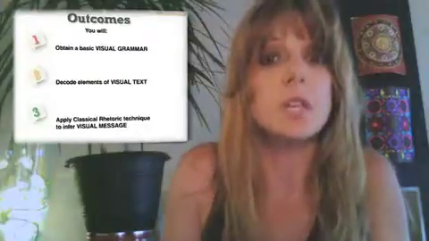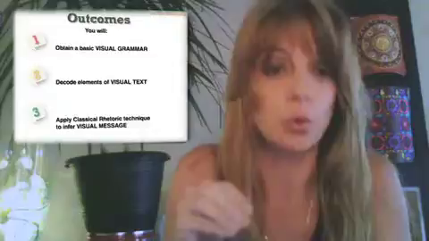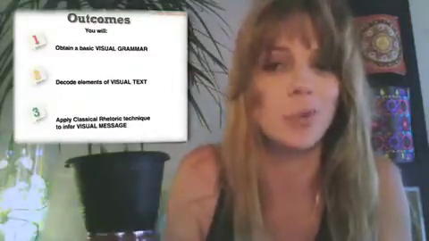And in the third, we will apply a classical rhetoric technique to infer visual messages. So we will be able to nail down the intended message by the sender. You know, who is the source, and what is the appeal to logic, what is the appeal to emotion, and classic rhetoric techniques. So let's start with section 1.